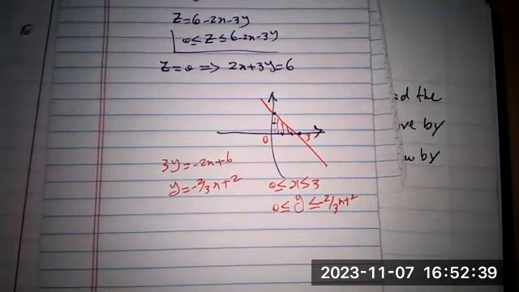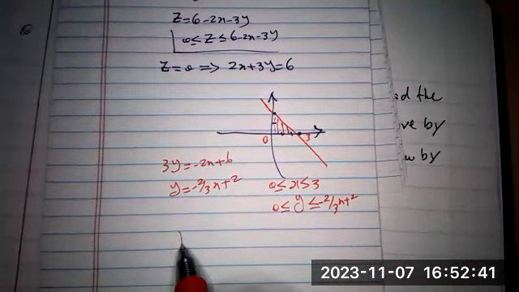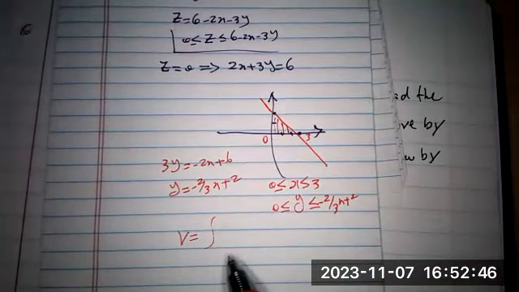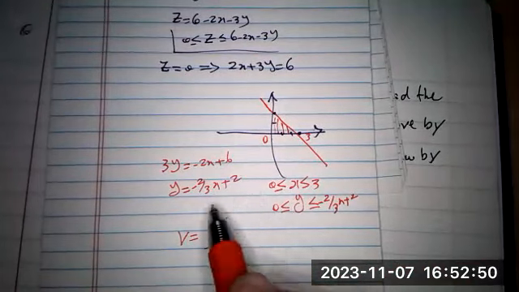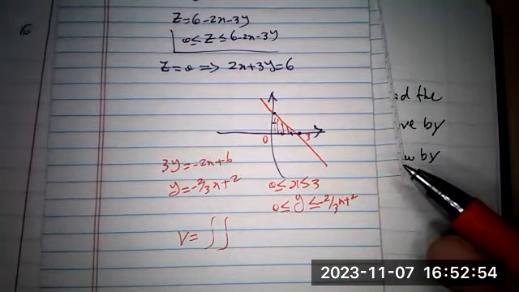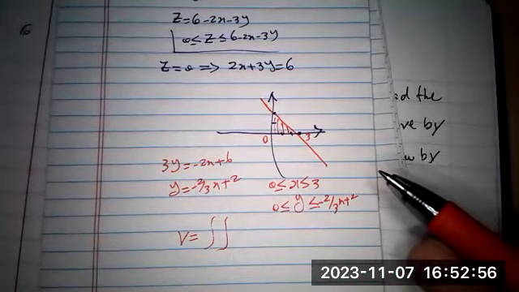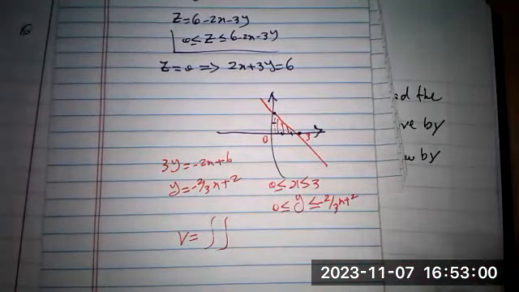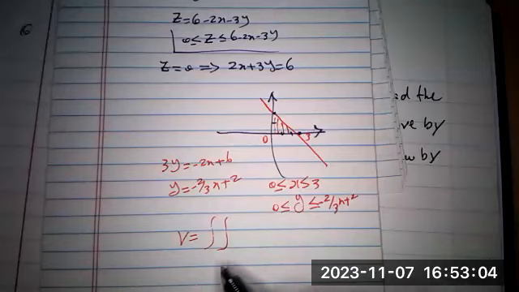So the volume is going to be, we go with the double integral in that case. You can go with the triple integral even at this point. If you want to go with the double integral, I don't remember which one I did, but it's going to be the same thing.